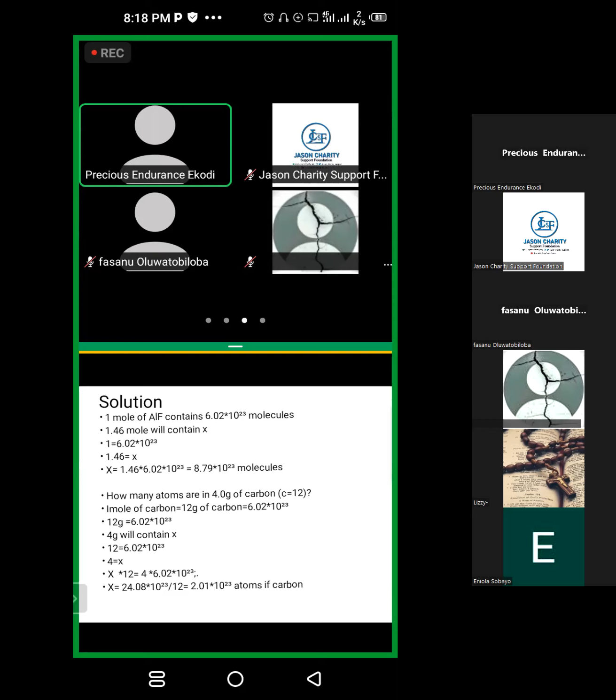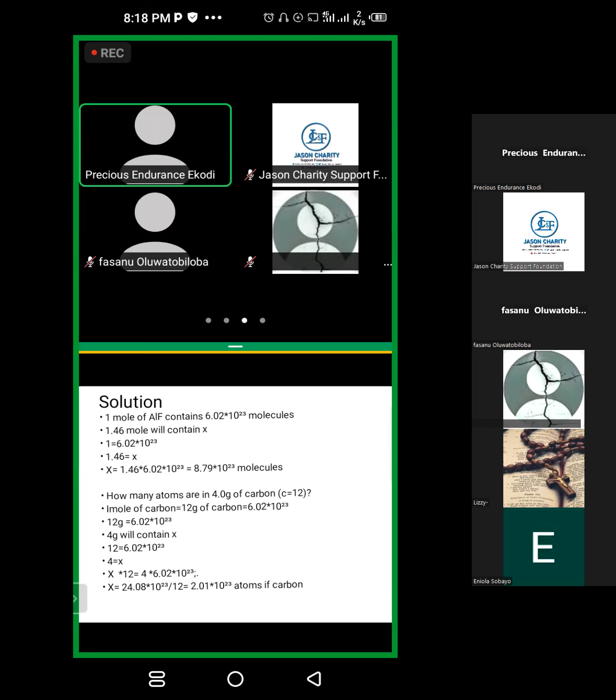You have 1 times X equals 1.46 times 6.02 times 10 raised to 23. We do know that X times 1 will still give you X. So 1.46 times 6.02 times 10 raised to 23 will give you 8.7 times 10 raised to 23 molecules.